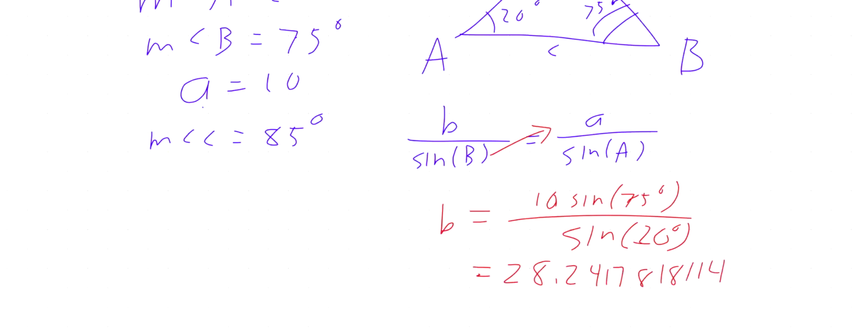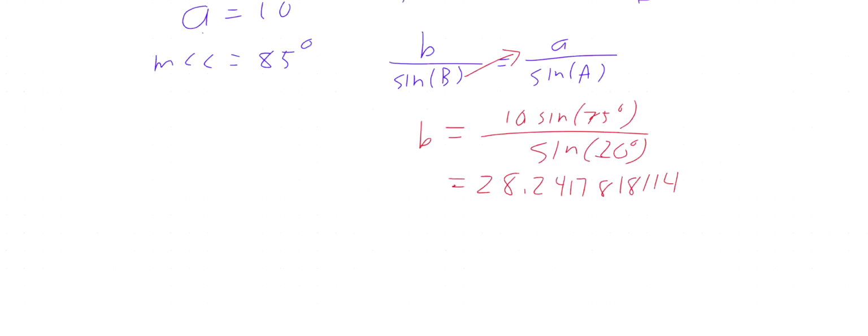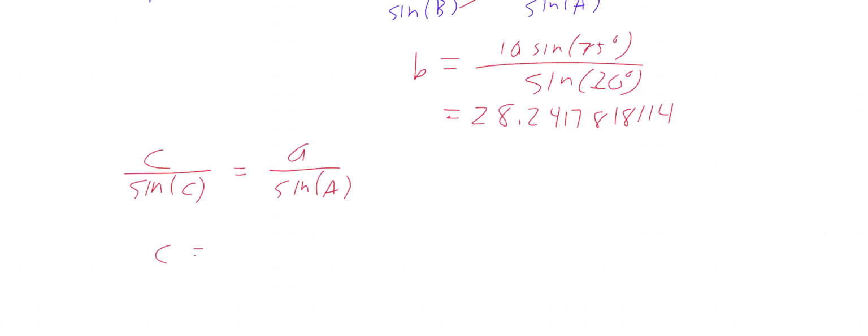All right, let's do the same thing, but for C. C over sine of C is going to be A over sine of A. So again, same idea. All we have to do is multiply across.